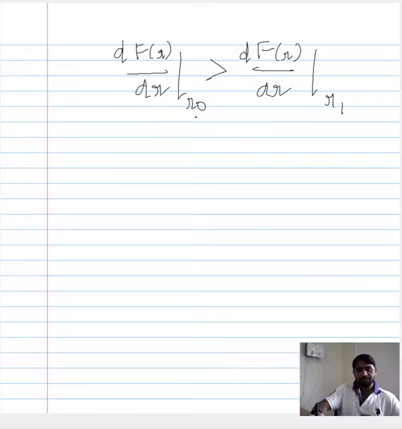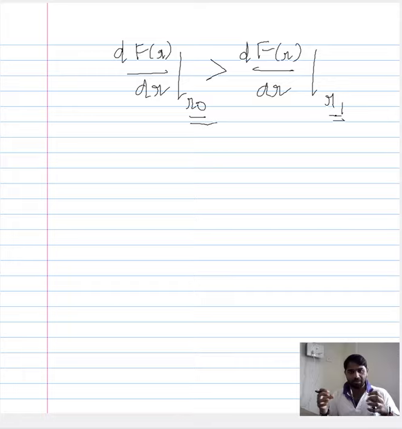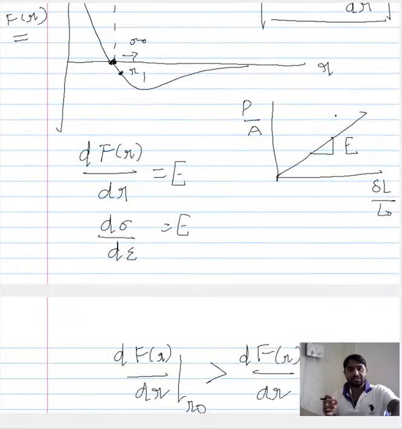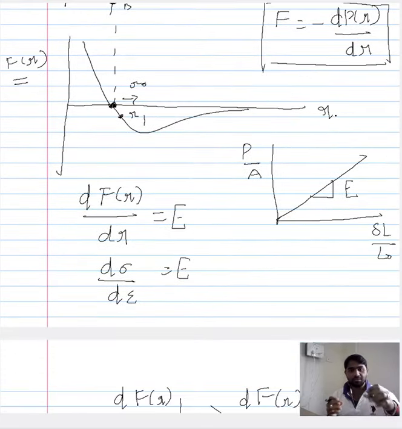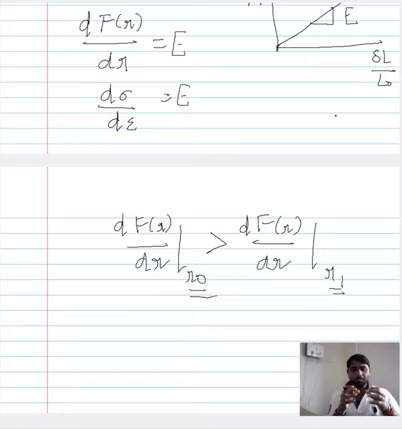Now this shift from r naught to r1 happens because we have raised the temperature and the material has experienced a thermal expansion. Therefore the equilibrium position of the atoms is disturbed. So from r naught, the atoms are now separated by r1, and when you compare the slope of the force curve at r naught and at r1, we can see that the slope is higher at r naught and lower at r1.